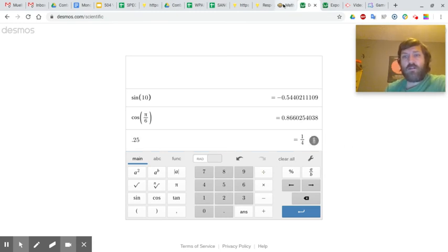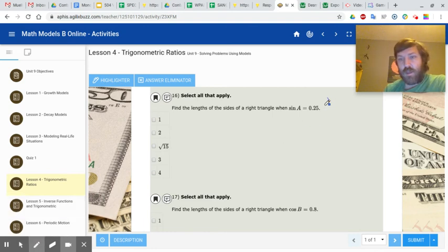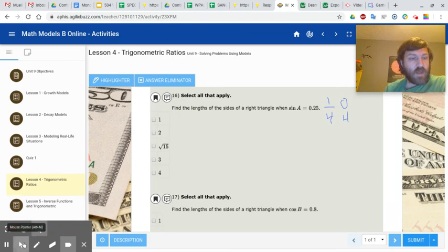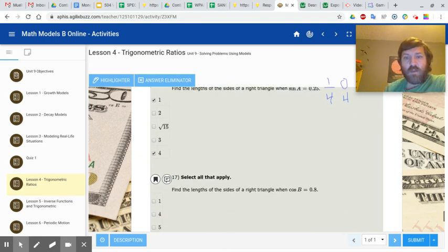Okay, so they are telling us that 0.25 is the sine, which is also known as, in the fraction form, 1 over 4. So already I know that 1 is the opposite side and 4 is the hypotenuse. And so that's what you're going to check, 1 and 4. Don't worry about the third side for now. We'll talk more about it later, maybe if we need to. So that's what you're doing for each of these.